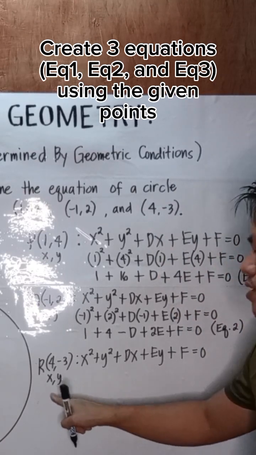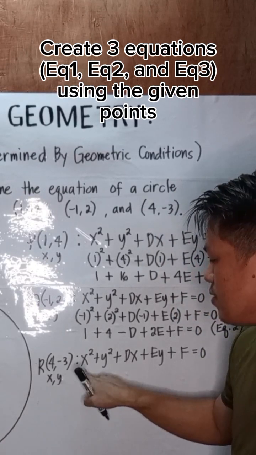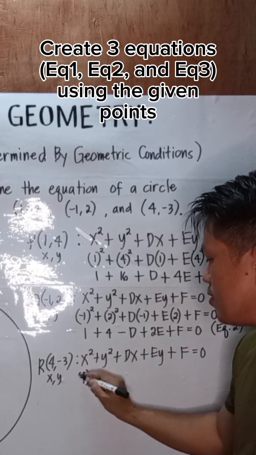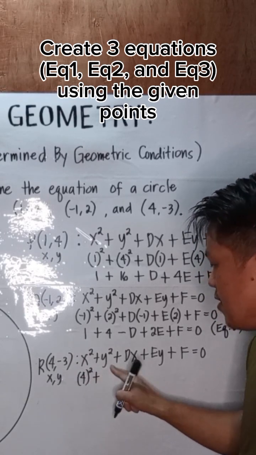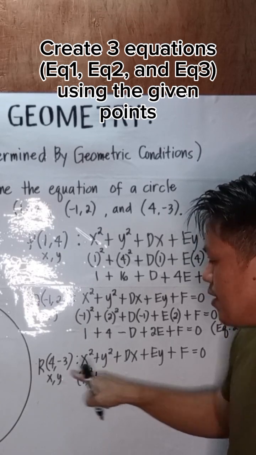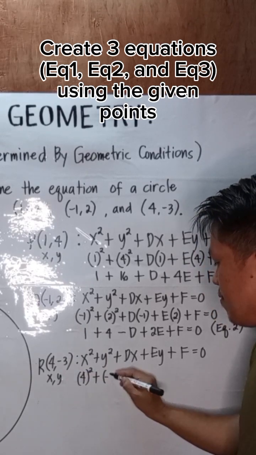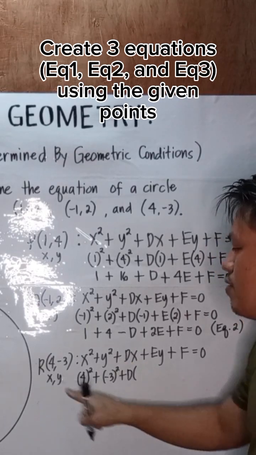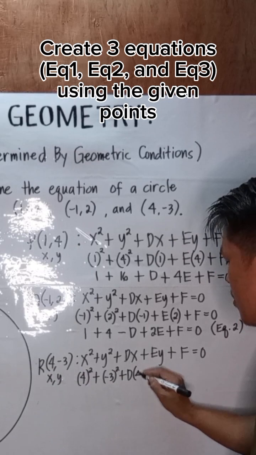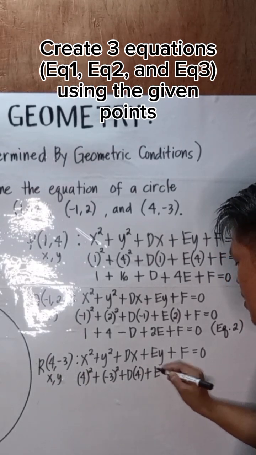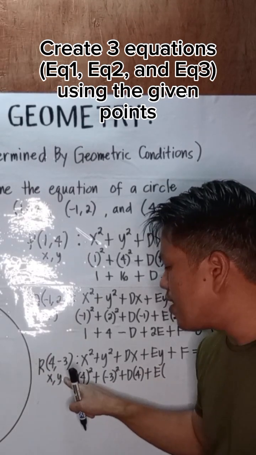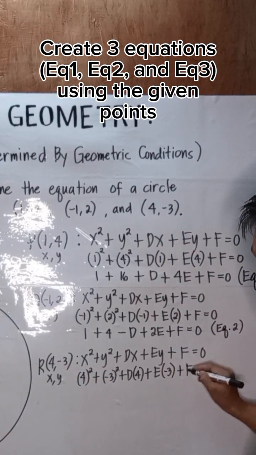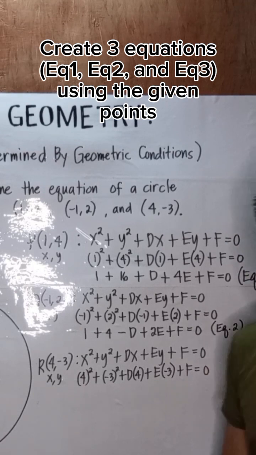And then, isubstitute natin yung values ng x and y. Ito ay x squared, ang ating x ay 4, so 4 squared plus y squared, ang y natin is negative 3 squared. Then, plus d times the value of x, which is 4. Then, plus e times the value of y, which is negative 3. And then, plus f is equal to 0.